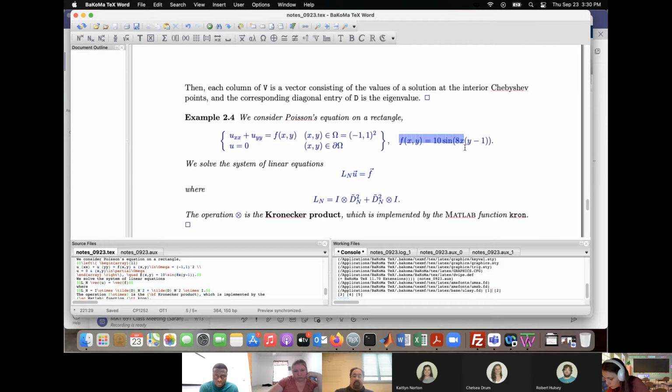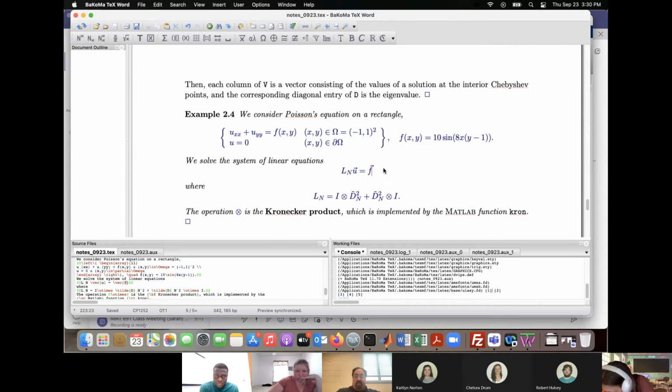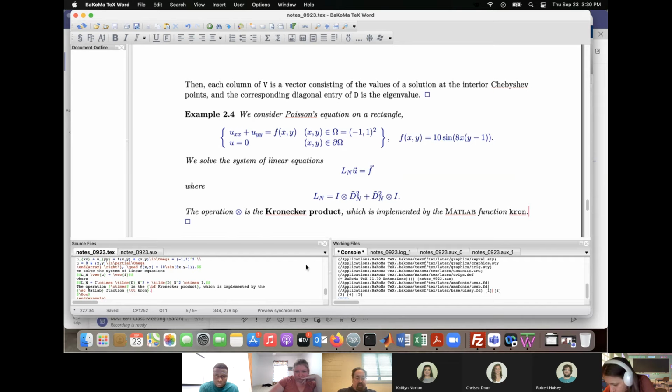Now you would form a function f by evaluating it at the grid points, but make sure that this is a vector. Okay, so I'll make a note here about Matlab implementation.